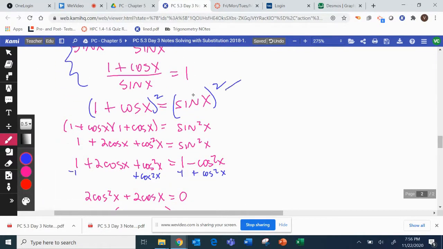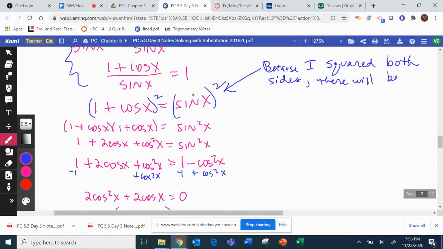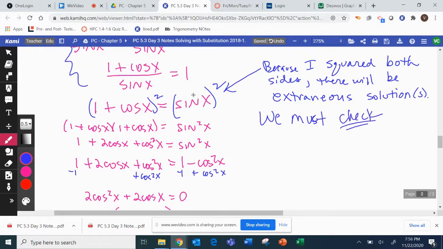Because I squared both sides, there will be extraneous solutions, or I should say solution or solutions. We must check our solutions.